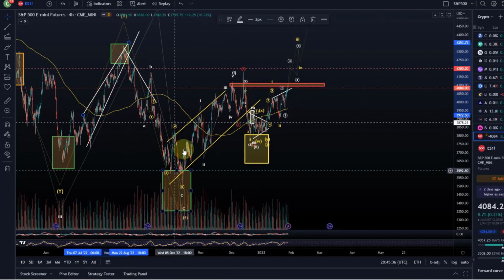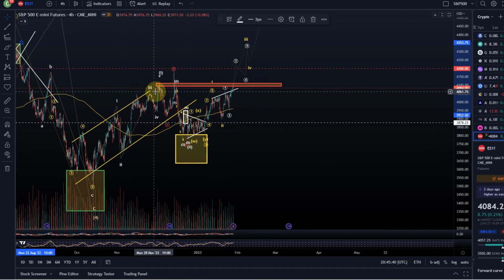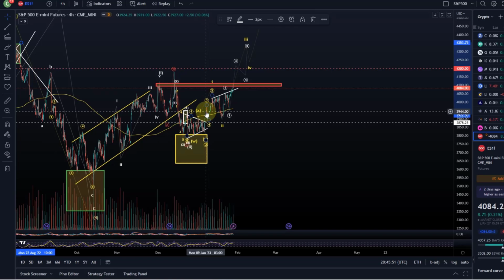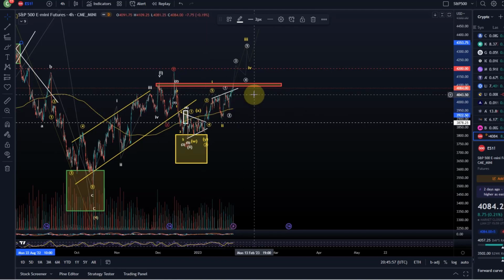And we've got that here as well. Here's even worse, actually. It's not clearly impulsive. Also, this move up was not clearly impulsive. So we have diagonal after diagonal. Markets tend to do that in a wave one. It's not a problem, but it just reduces the credibility of the count a little bit. And so here we need to be a bit patient, but the next targets should be clear.